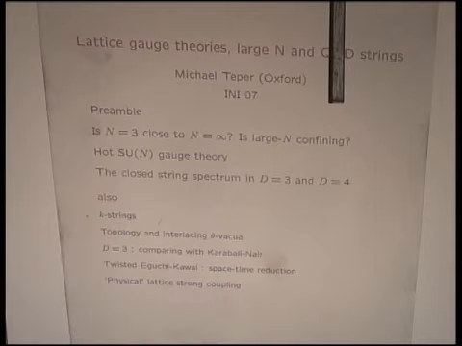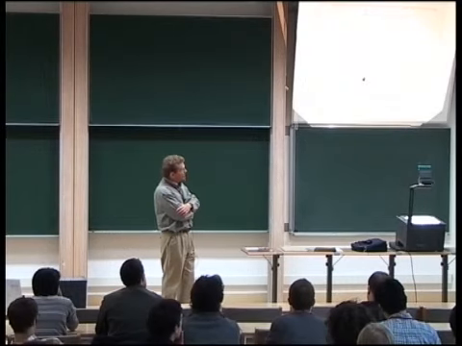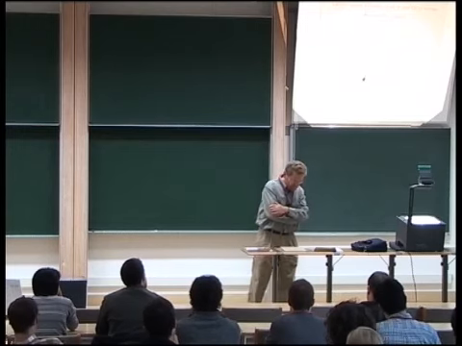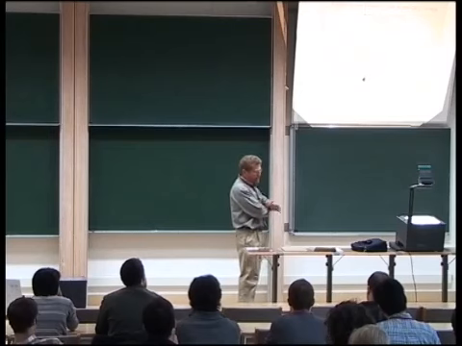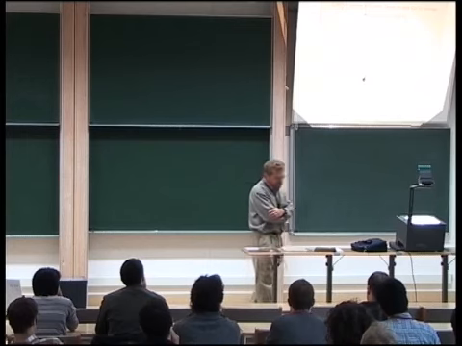And another topic of interest is the twisted Eguchi-Kawai space-time reduction, which is an alternative way of going to large N. And I'll mention something about that right in my introduction. But that's an interesting topic which I may or may not have time to discuss.